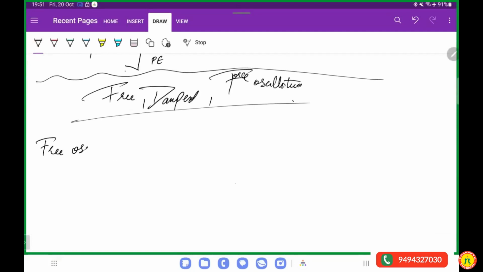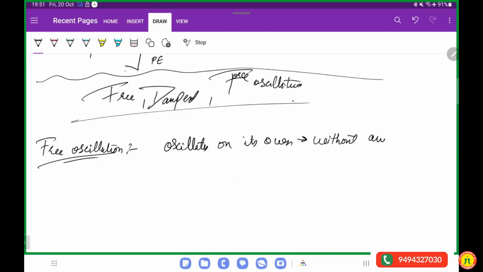Now free oscillation oscillates on its own without any external influence.